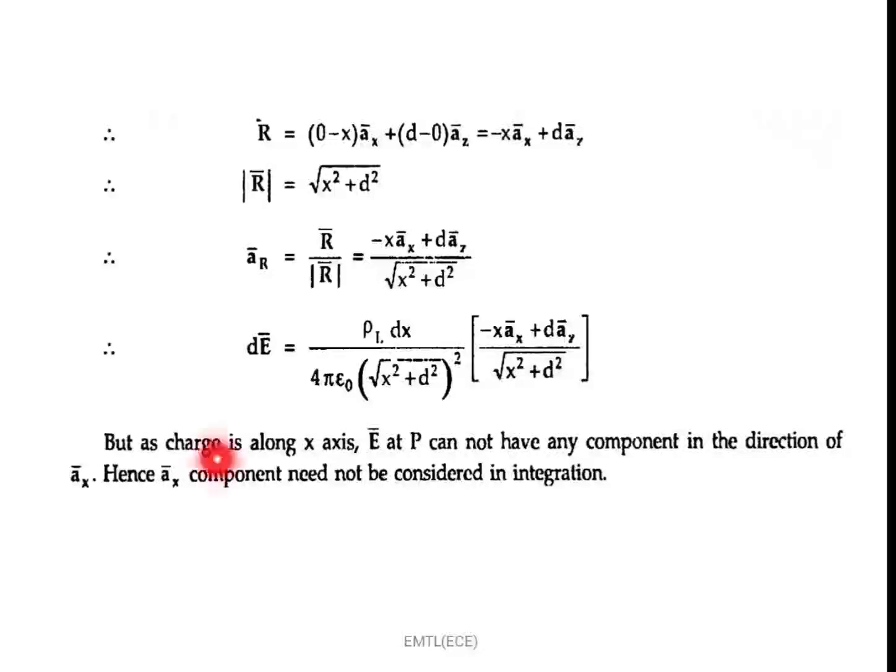But as the charge is along the x-axis, E bar at P cannot have any component in the direction aX bar. Hence, the aX component need not be considered in the integration. Simply we omit the minus x aX bar.